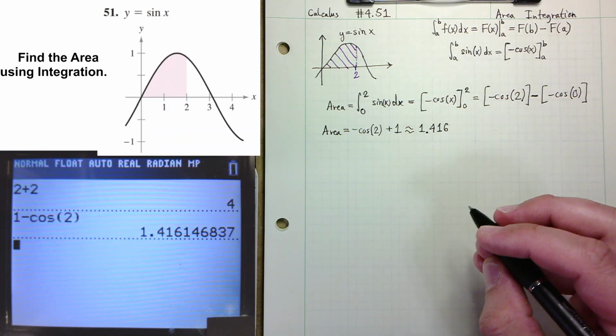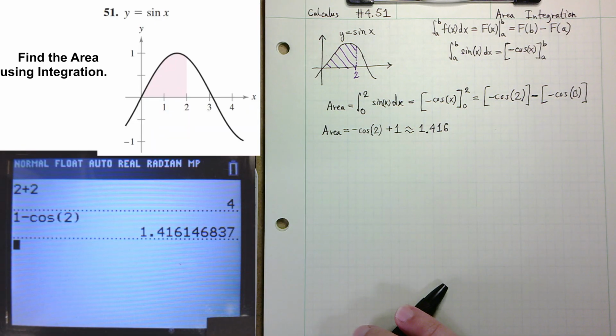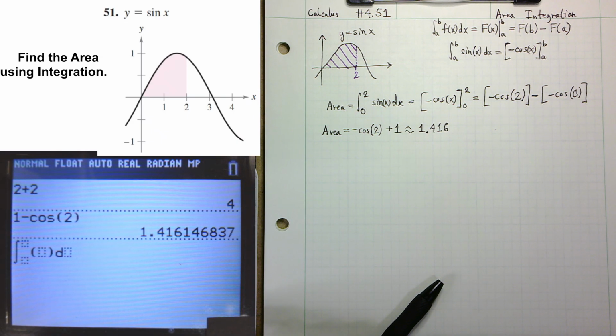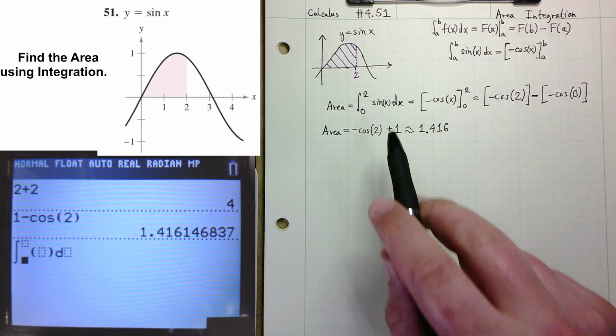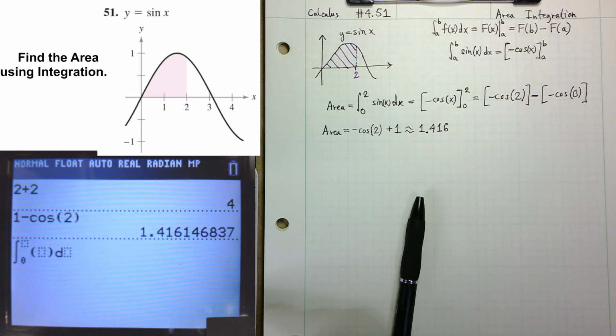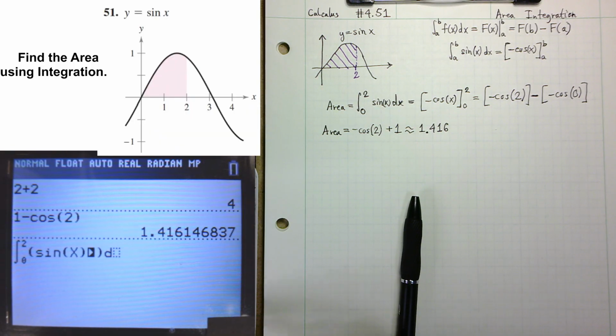We can check this in the calculator. We can check our answer by simply going to math, and then option number 9, FNINT, for the integral function in the calculator. Our original integral was 0 to 2 of sine dx, so we have 0 to 2 for our limits of integration, sine of x, and then dx.